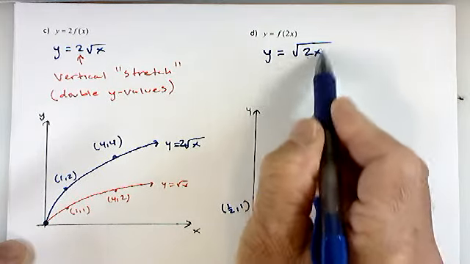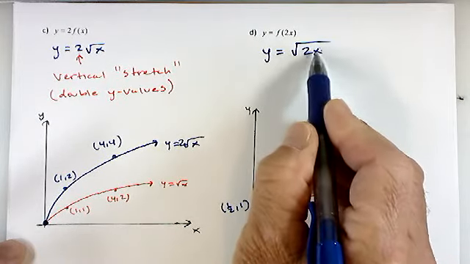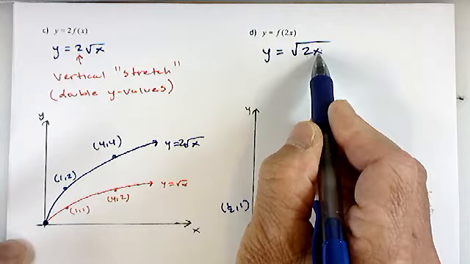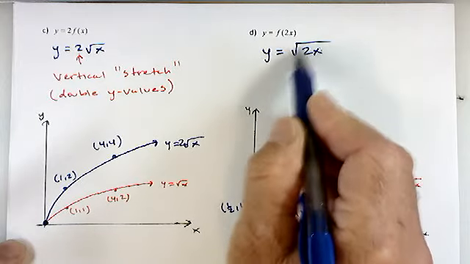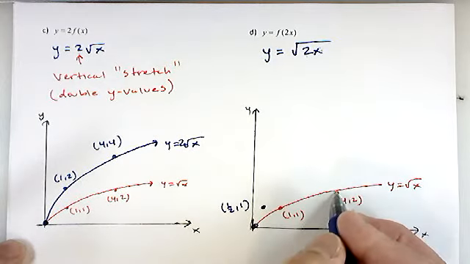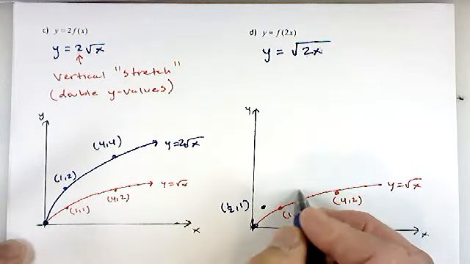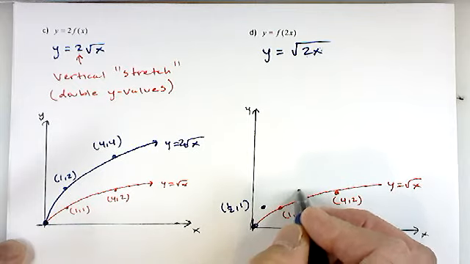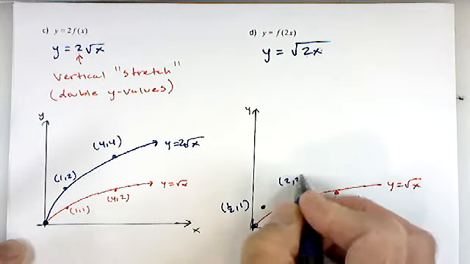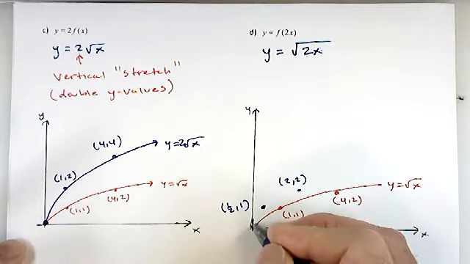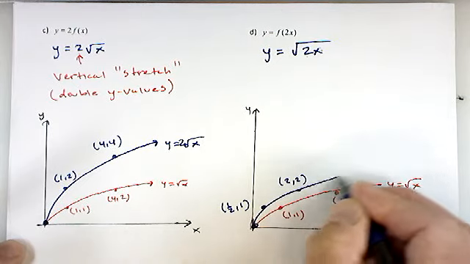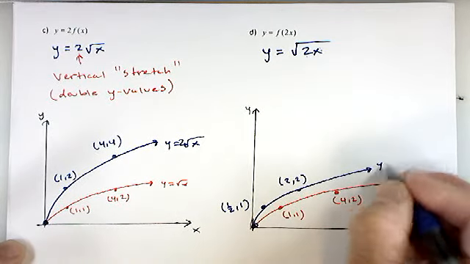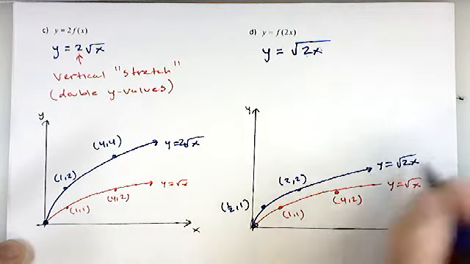In order for this to come out to be 4, x is going to have to be 2, in which case I would get 4, and the square root of 4 is 2. So essentially, instead of 4, 2, now I'm going to have 2, 2. Okay, and what we see, full graph would look something like this. It's a little hard to see.